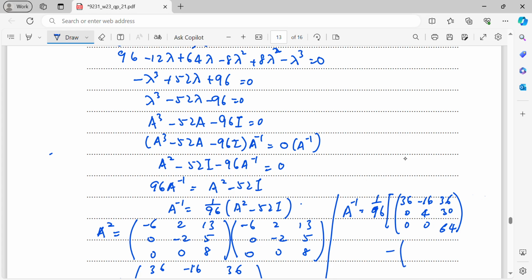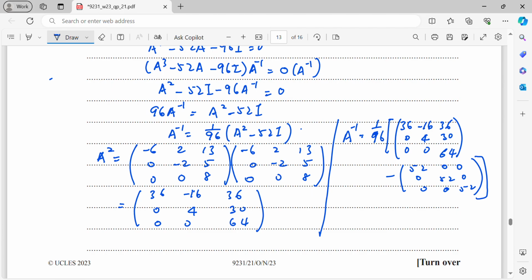So you minus 52, 0, 0, 0, 52, 0, 0, 0, 52. Okay, so when you minus and divide, basically you are getting negative 1 over 16 after you times by 1 over 96. So minus 1 over 16, 3 over 8, then 0, negative half, 5 over 16, followed by 0, 0, 1 over 8. So that is your inverse matrix.